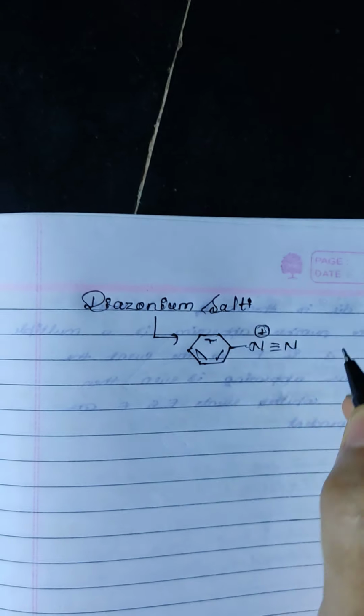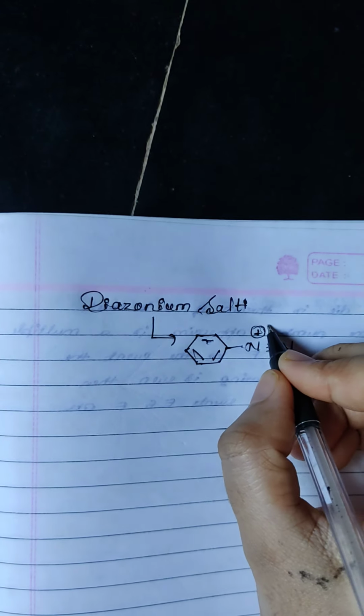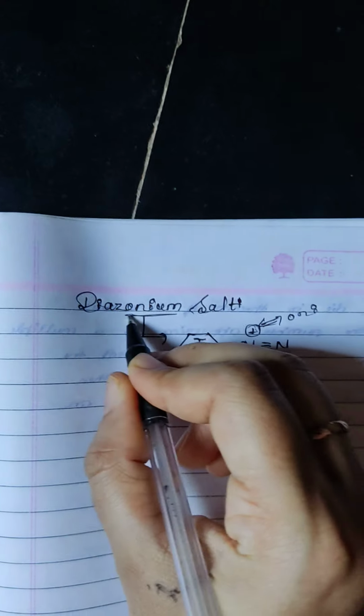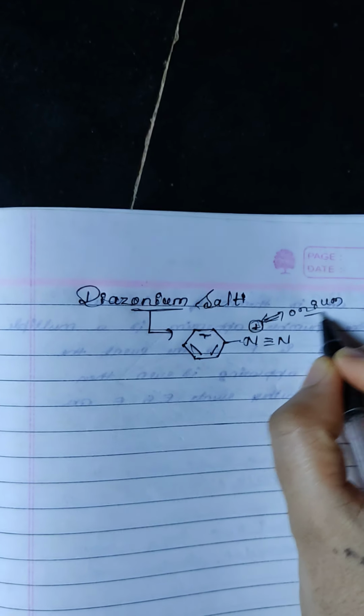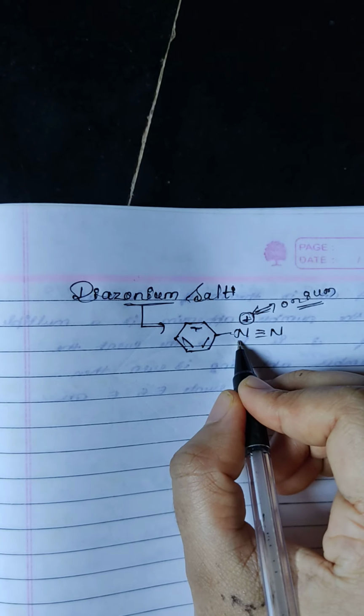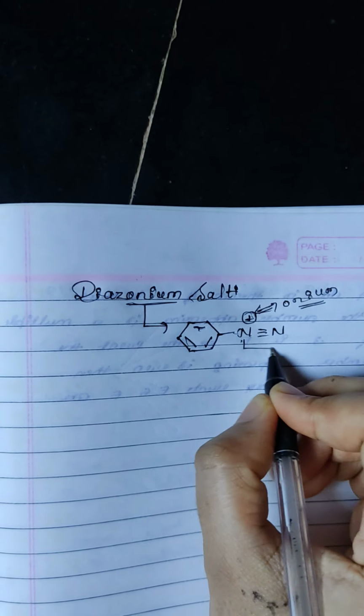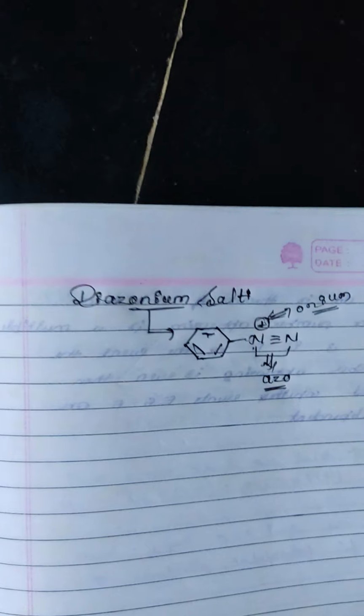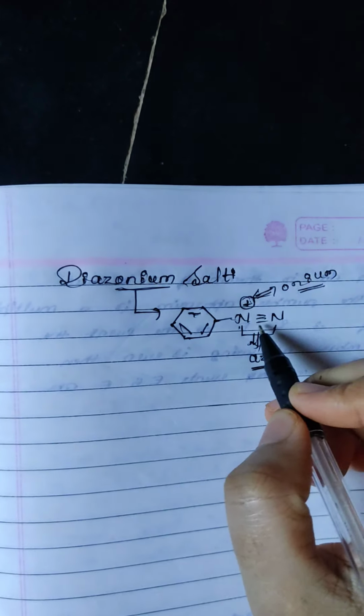Onium means a positive sign. Di-azo means the azo compound, two nitrogens.